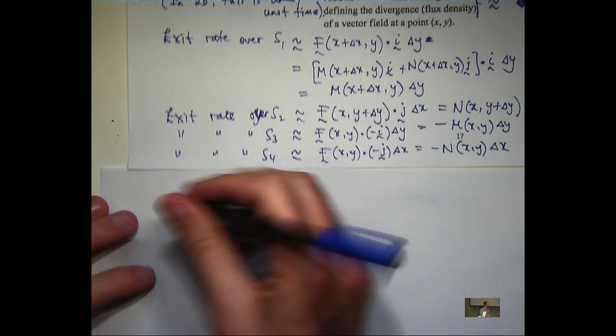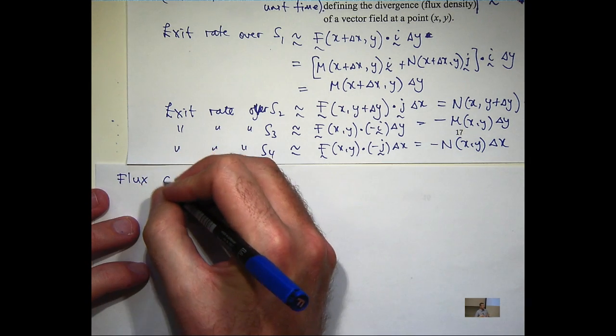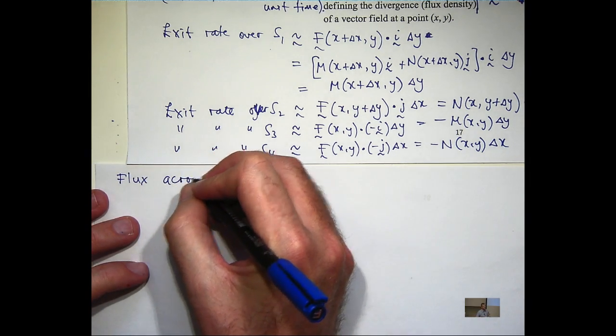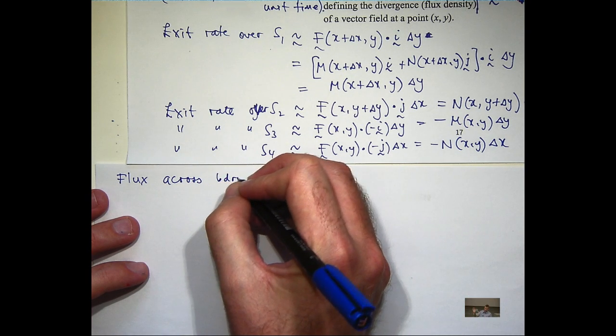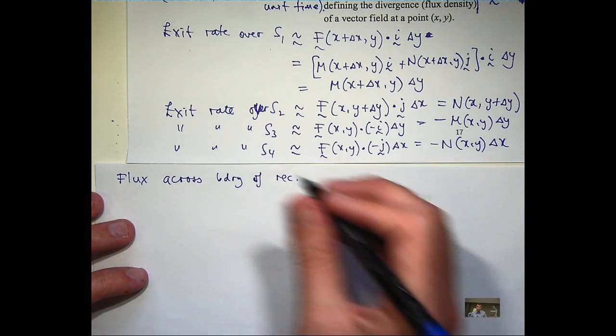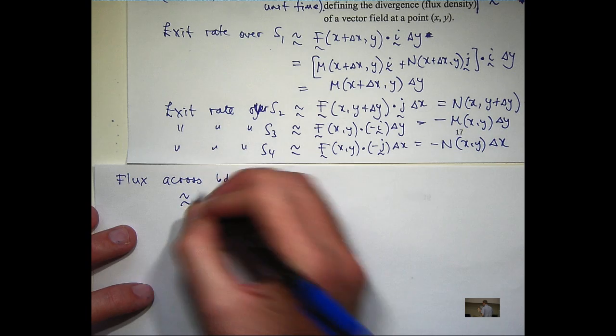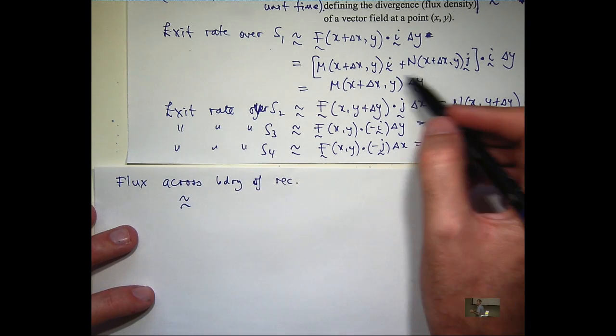So the flux across the boundary of our rectangular region is approximately equal to the sum of this, this, this, and this.